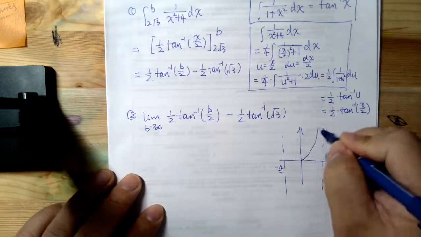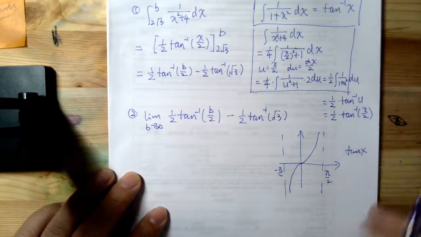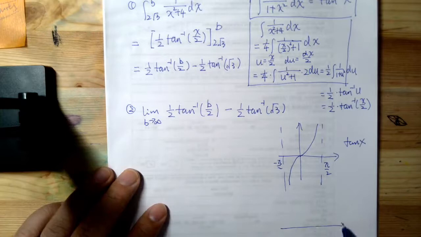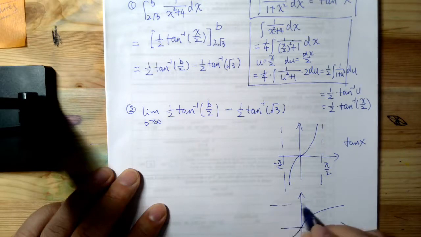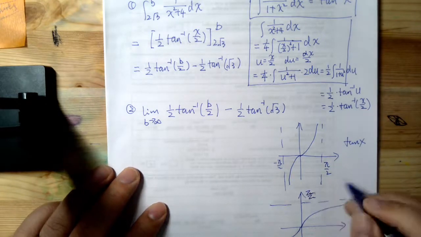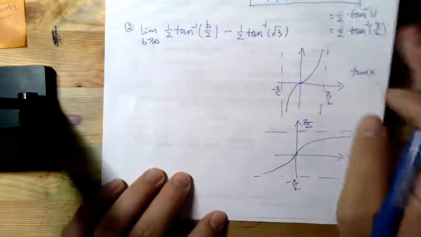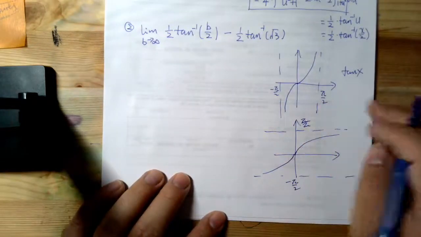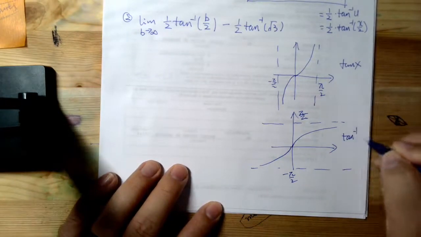So this is the graph of tan x between negative pi over 2 and pi over 2, and this is the graph of tan inverse of x.